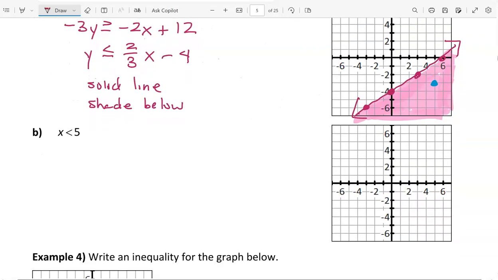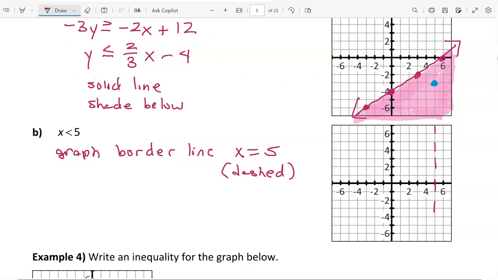We have a second inequality in B to shade. That's x is less than 5. First, we're going to graph the borderline, which is x equals 5, but it's going to be dashed since there is no or equal to. And so I will make a vertical line on x equals 5, and I'm dashing it to indicate that the line is not included.